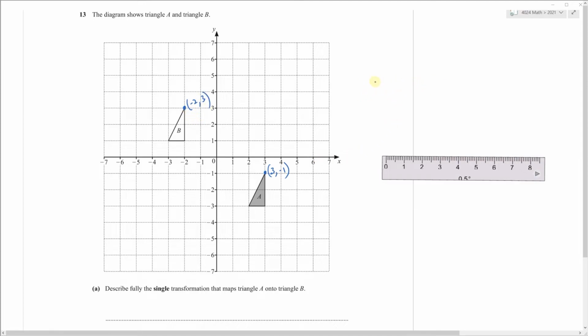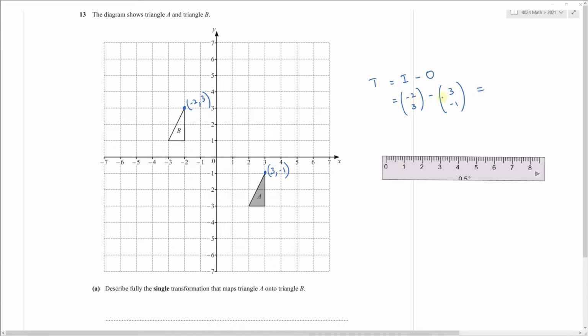So to find the translation vector, I'll take the position vector of the image minus the position vector of the object. So the image is minus 2 and 3, minus the object vertex, whose position vector is 3 and minus 1.